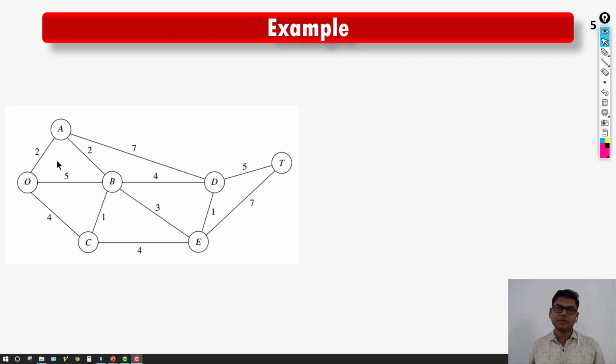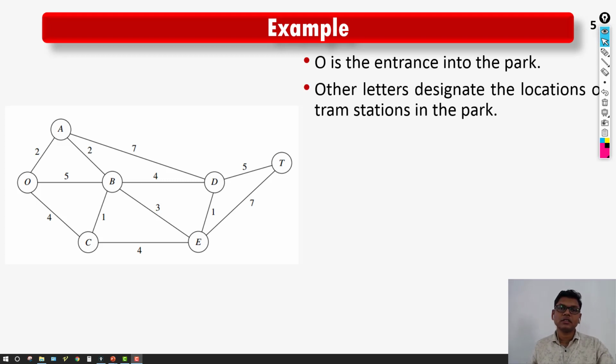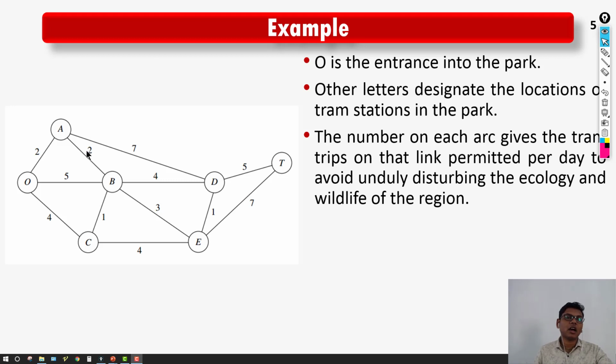So let's see the steps in this problem, how to solve this problem. Here the explanation is given. O is the entrance. Other letters designate the location of tram stations in the park. The number on each arc, this is the arc or link we can say, gives the tram trips on that link permitted per day to avoid unduly disturbing the ecology and wildlife of the region.